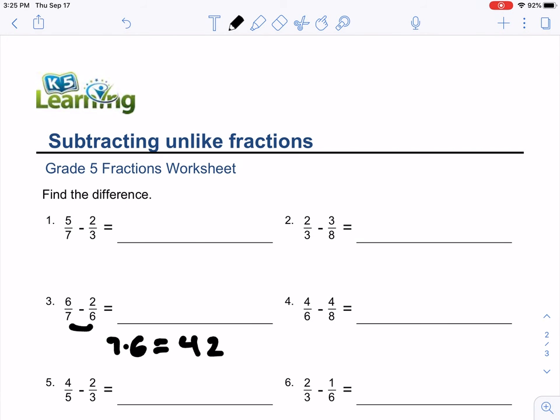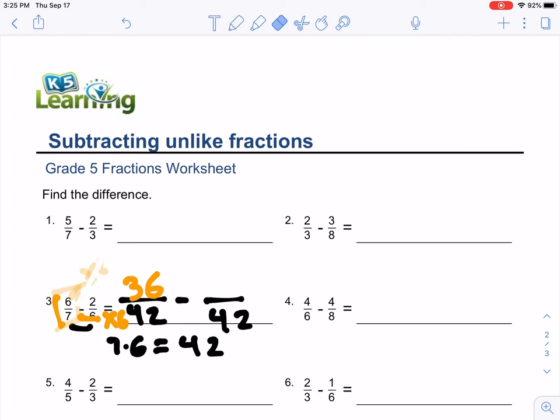And I know that I can rewrite each of these as fractions over 42. Let's look at the first one, 6/7. In order to make that into 42, you had to multiply 7 by 6. So you take the top and multiply it by 6, which gives you 36.